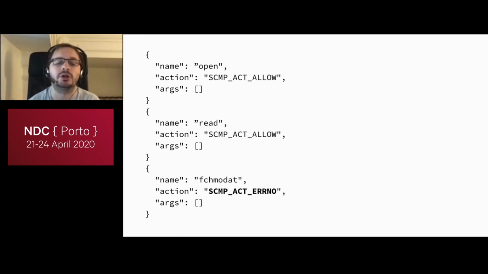This is what Docker has done under the covers to block things which it knows are malicious and going to open up security exploits. And we can extend that list and add our own depending on what we're trying to achieve. So in this case, we're allowing the open and read system calls.